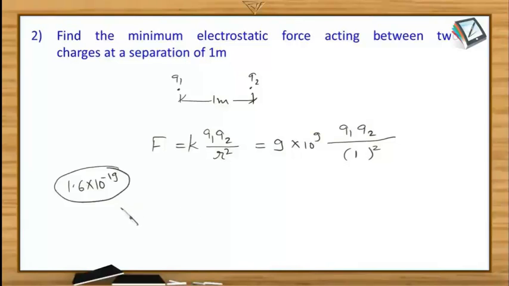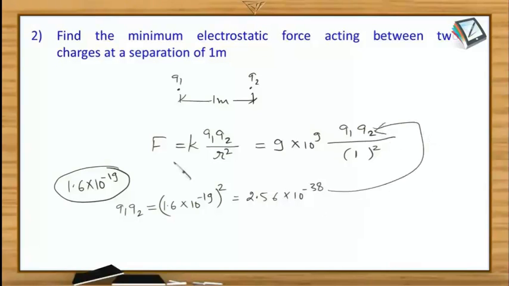So what is the minimum possible value of Q1, Q2? Suppose both the charges are having the charge equal to that of the electron. That is the minimum possible. So Q1 into Q2 will be 1.6 into 10 raised to the power minus 19, into the same, means square. So it becomes 2.56, I suppose you can calculate it later on, into 10 raised to the power minus 38. So we can use this value here to find this force.